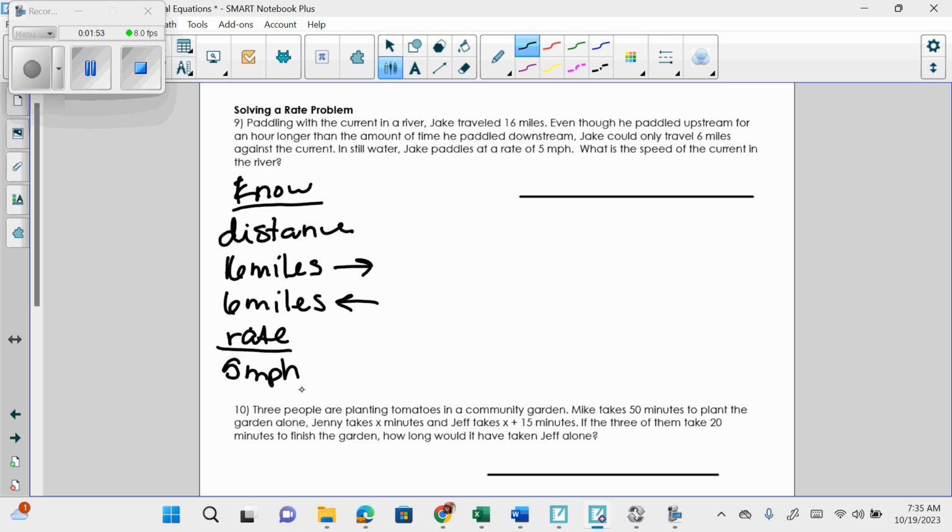And then the other thing that we know is harder to pick out because it was hidden there, but this sentence right here means a lot. Even though he paddled upstream for an hour longer than the amount of time he paddled downstream, that's important because that ends up being our entire equation.